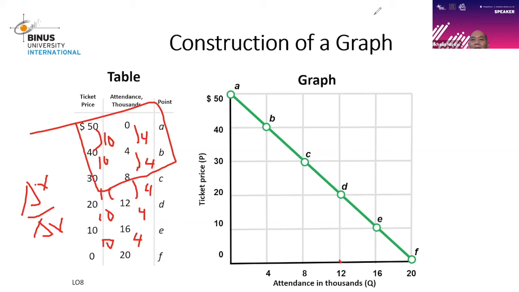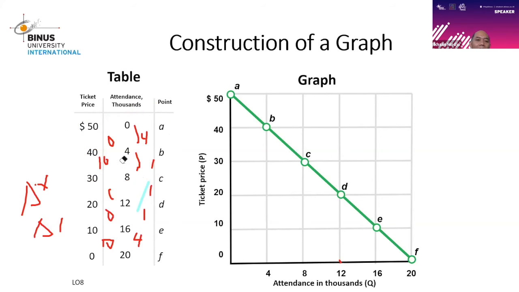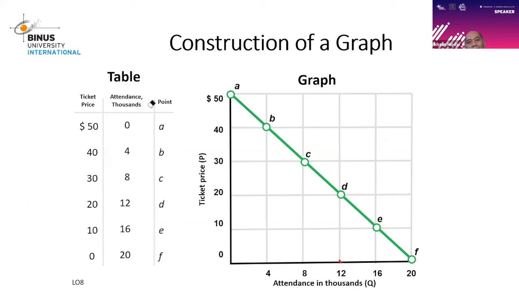So again, I'm going to just walk you through how to graph it. Basically, you only need 2 points, yeah, kan? You only need, for example, in this case, 40 and 4, yeah? 40 of ticket price and 4 of the attendance.